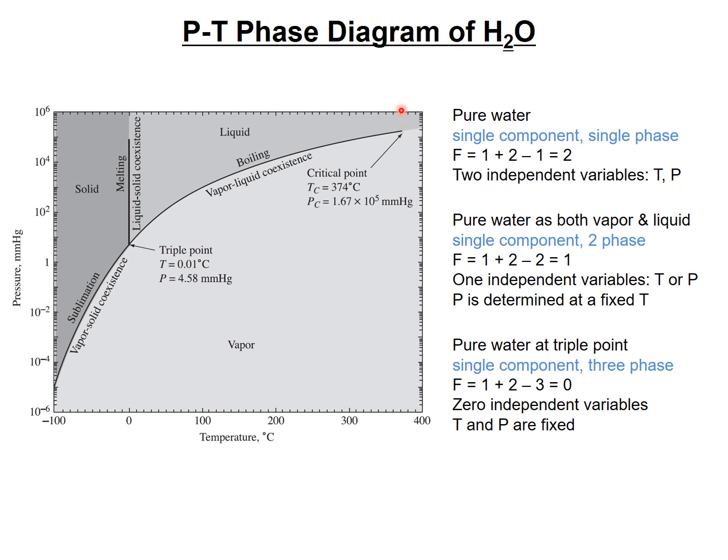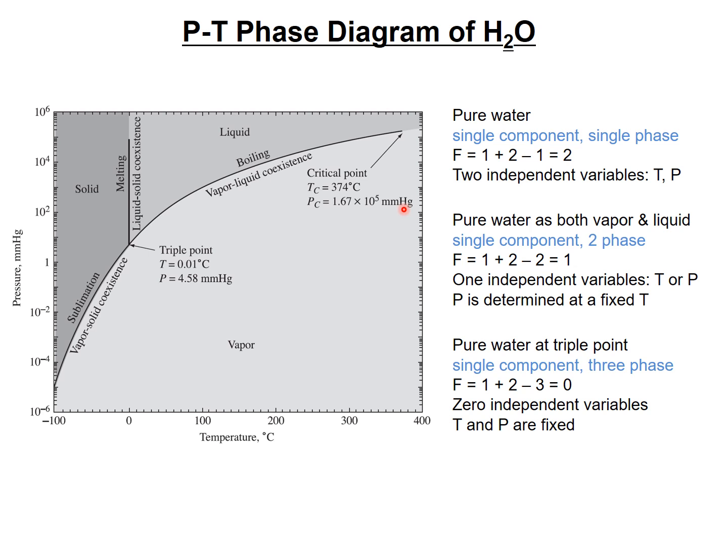In this region, you would have the supercritical fluid, which is not liquid, not vapor, and of course not solid. This critical point is found at 380 degrees Celsius, also at very high pressure, like 1.7 times 10 to the 5 mmHg. So I have explained some characteristics of the pressure-temperature phase diagram of water.